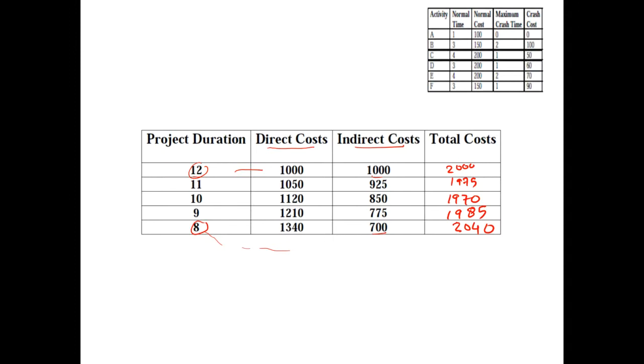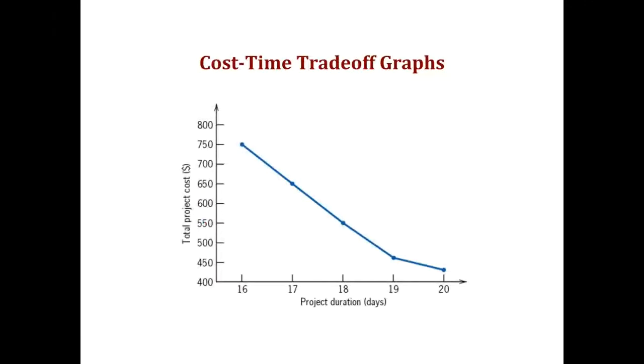So from this, it appears that if we decide to deliver this project in 10 weeks, that is going to give us an optimal cost. So we can put this offer.